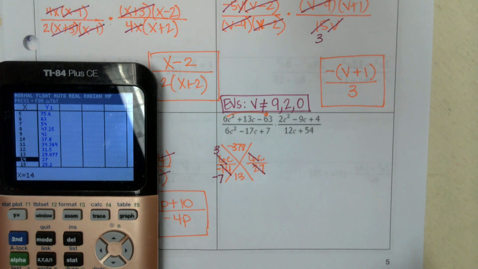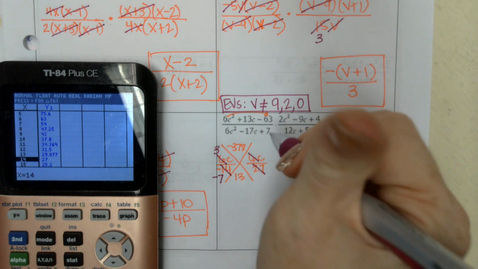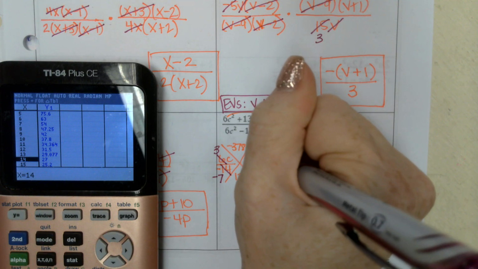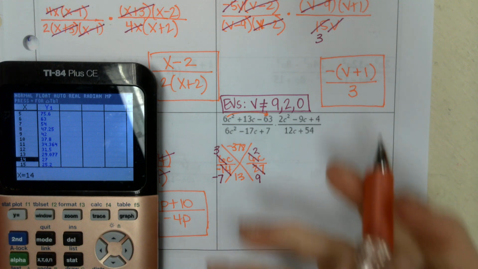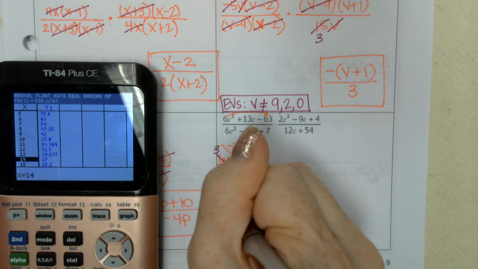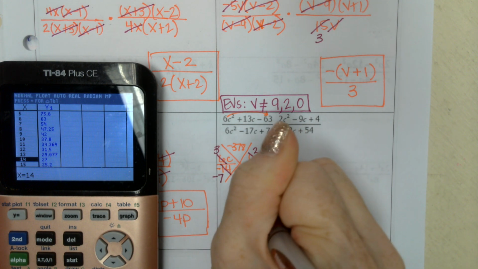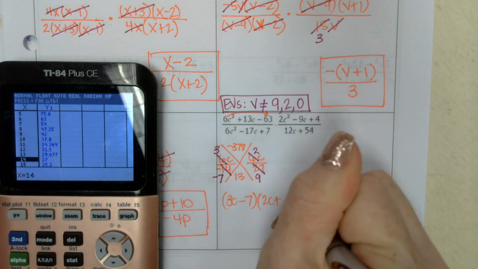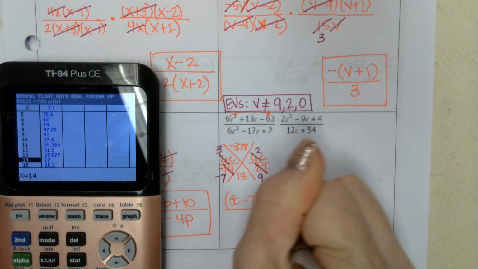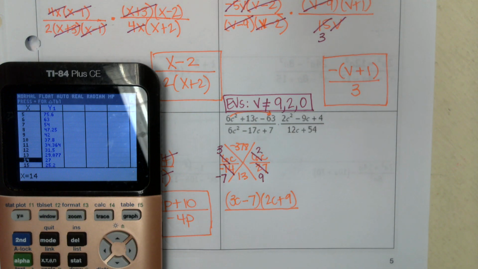And 6 and 27 have a common factor of 3. So that leaves me with 2 over 9. So right here, this gives me 3c minus 7 times 2c plus 9. That's the numerator.